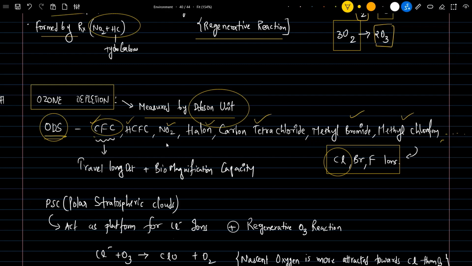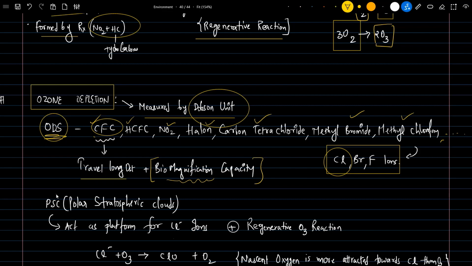Let's take the example of chlorofluorocarbon. These can travel long distances, and they also have biomagnification capacity. What is biomagnification? We have talked about it earlier. Also understand the difference between bioaccumulation, bioconcentration, and biomagnification.